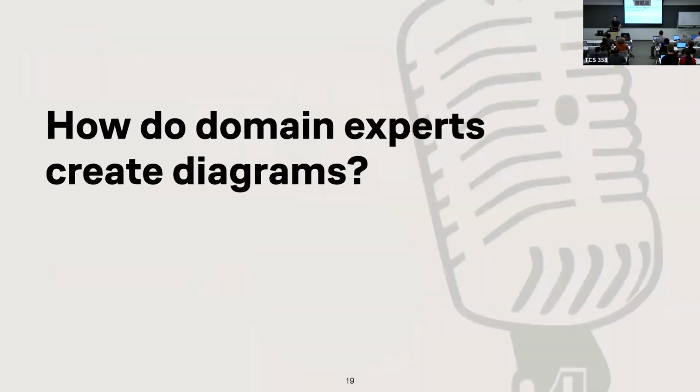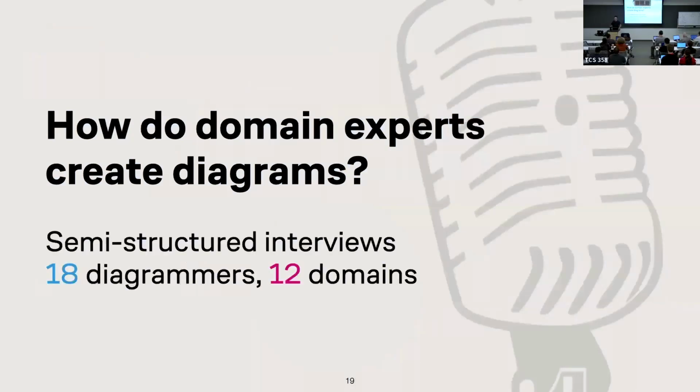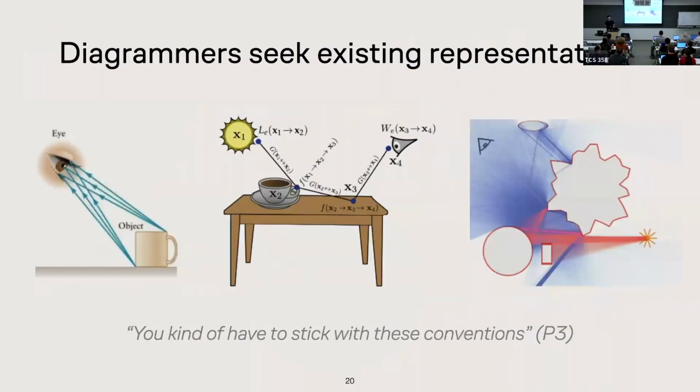So how do experts design their diagrams to visually represent ideas? The results I will talk about came from interviews with 18 diagrammers from 12 different domains. They range from architecture to K-12 education to advanced math research. So like the free body diagrams, there are often standards in the field. Our participants reported the process of surveying representations in their domains.